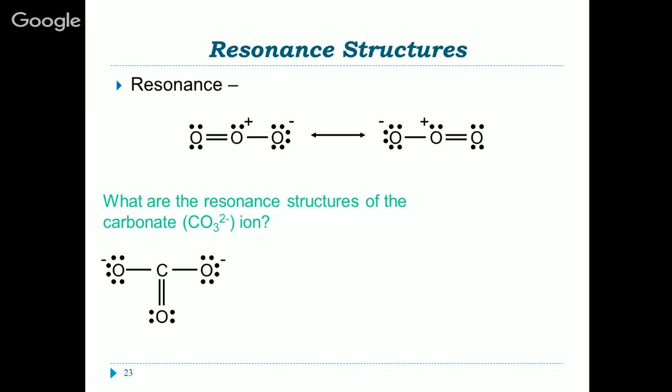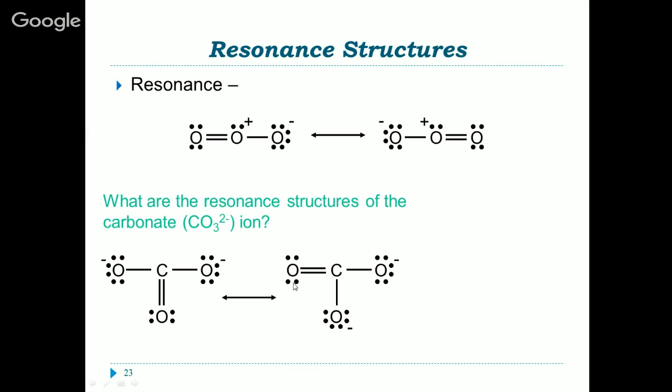So we can also look at the resonance structures for the carbonate ion. And once again, I'm only allowed to move double bonds and lone pairs of electrons. So I can draw another structure where my double bond is in a different place. And if I take this double bond and I move it somewhere else, then I'm going to have to take an extra pair of electrons and put it back onto this oxygen atom.